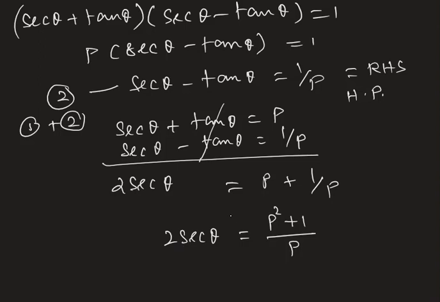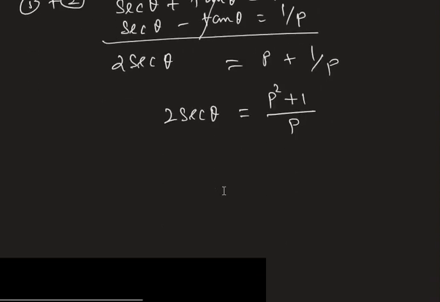Now we are interested to find out cos theta, is it not? First find out secant theta, that is nothing but P squared plus 1 divided by 2P. Therefore, what is cos theta? Secant theta is 1 by cos theta, so cos theta is 1 by secant theta.